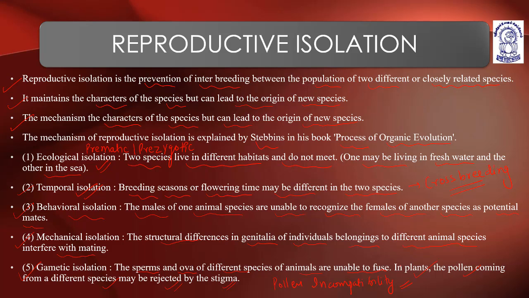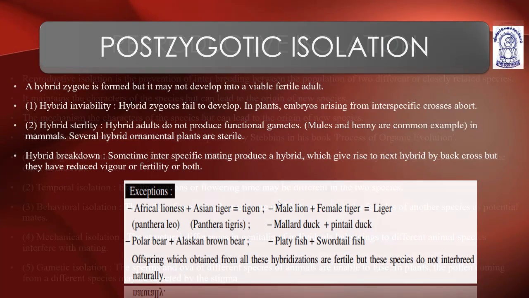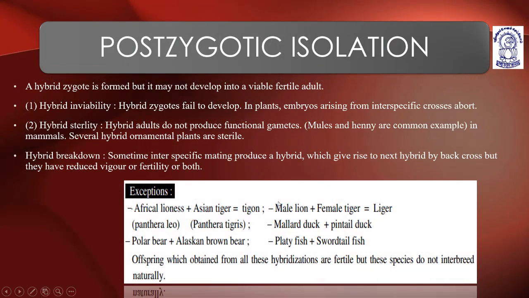Understood? So these are the different types of reproductive isolation, and what exactly reproductive isolation is. We have covered the first type, which is pre-mating or pre-zygotic isolation. Now the second, post-zygotic isolation, in which a hybrid zygote is formed, but it may not develop into a viable or fertile adult.